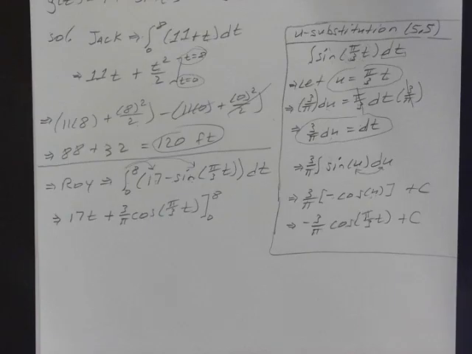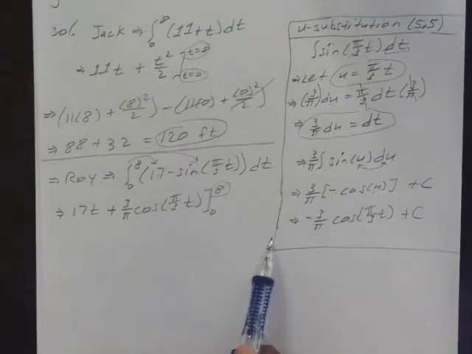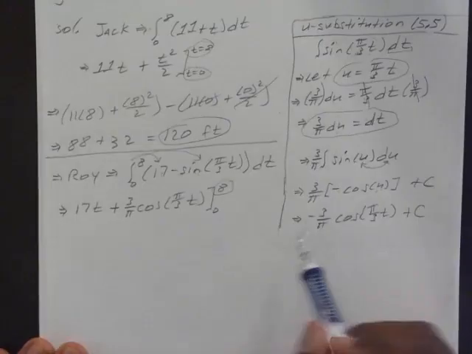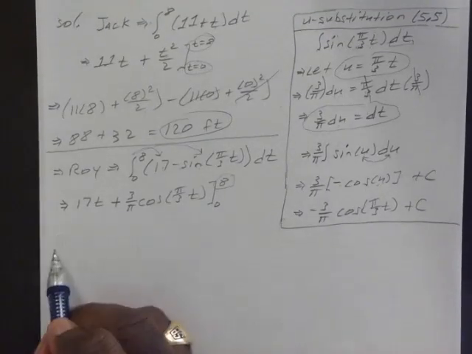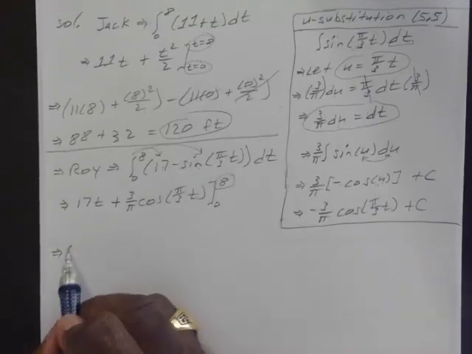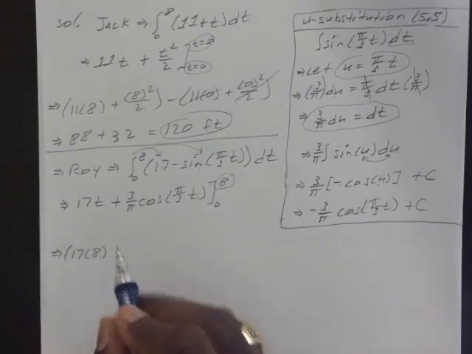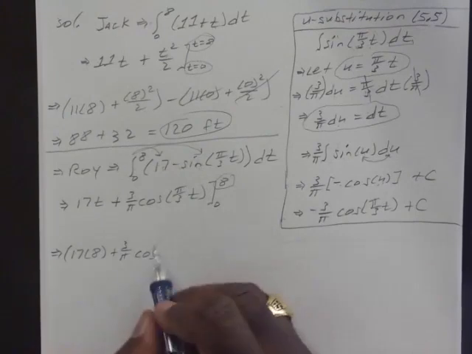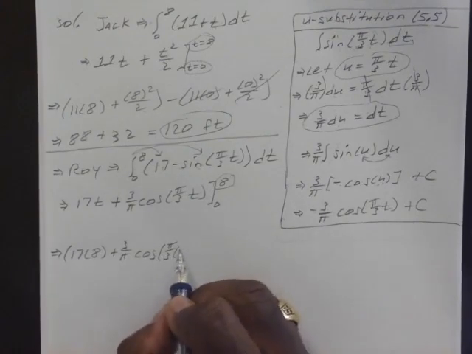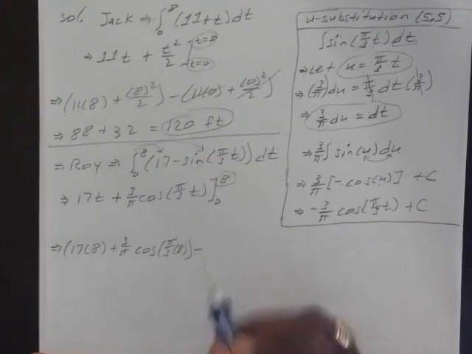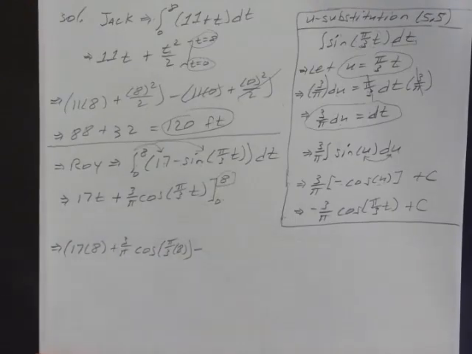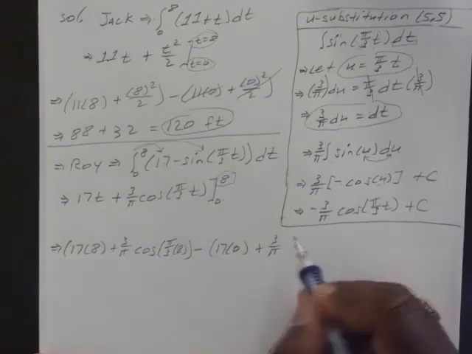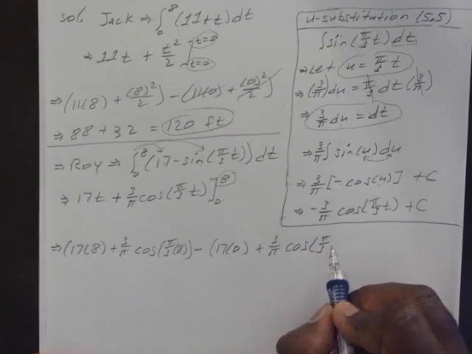Okay, so now we can go ahead and use the fundamental theorem. So we plug in our upper limit, and we get 17 times 8 plus 3 over pi times cosine of pi over 3 times 8, minus, now we plug in our lower limit, we have 17 times 0 plus 3 over pi times cosine of pi over 3 times 0.